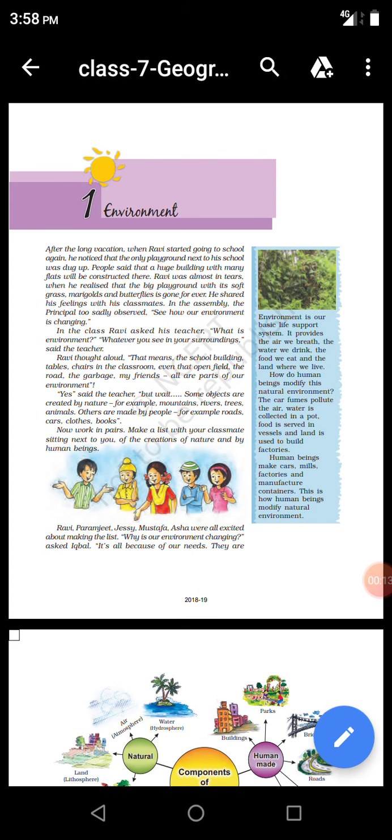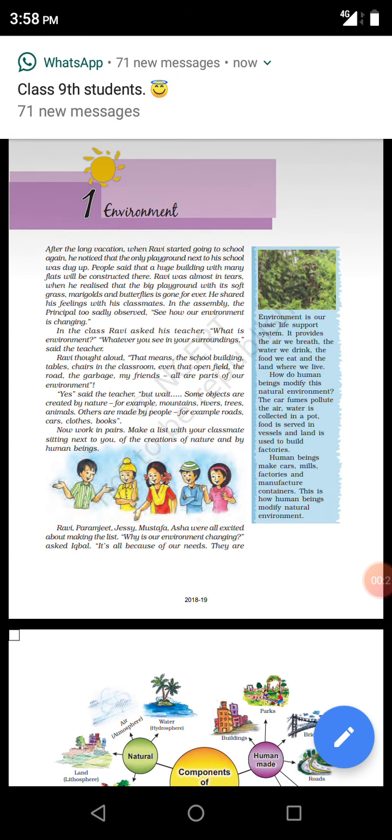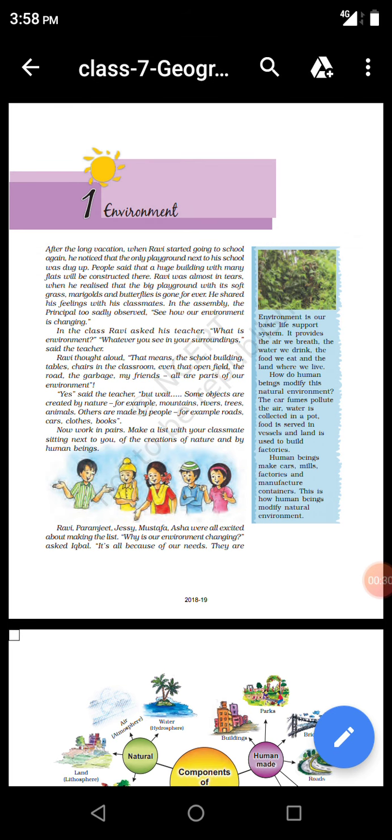Today we will discuss Class 7th Geography's first chapter, Environment. Nature, place, people, things. These all which surround us, or the living organisms around us, make the environment.